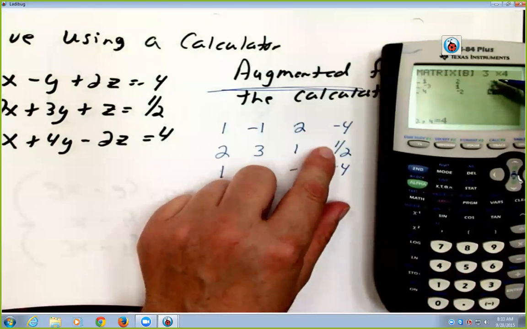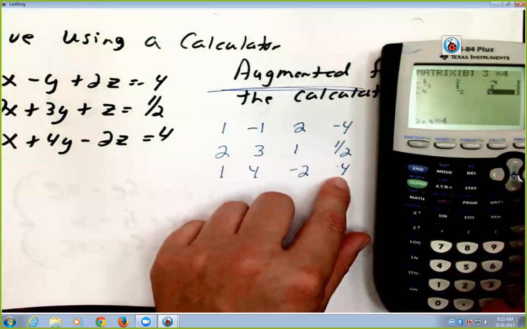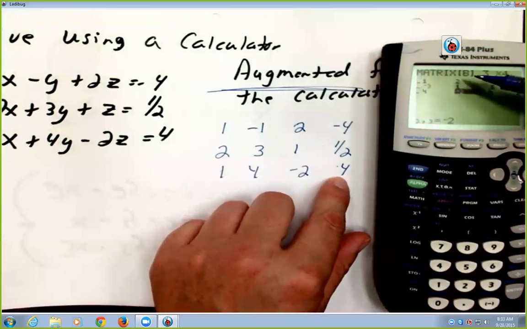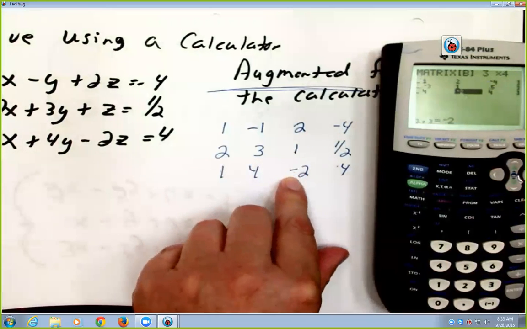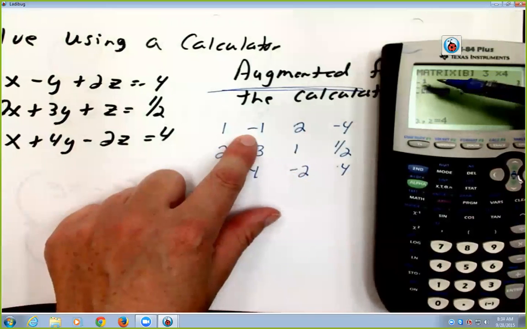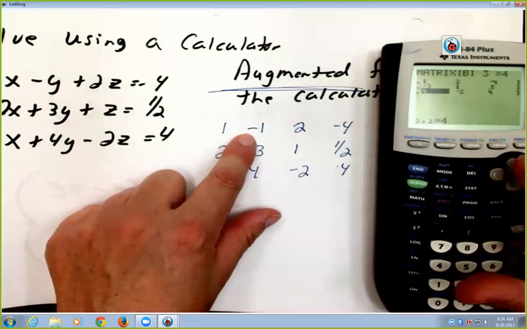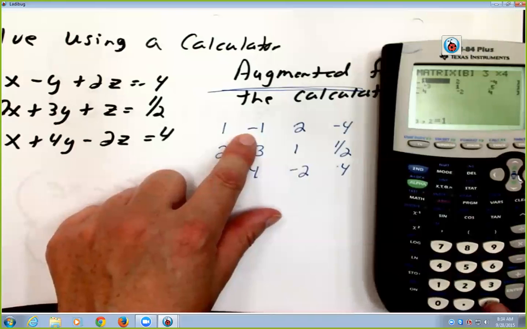I've got a negative 4.5, which is a half, and 4. I'm good there. Next column, I'm a 2, a 1, and a negative 2, so I'm good there. The other column over, I'm at a 1. Oops, I need a negative 1. All you need to do is up arrow to be on top of it, and then enter the correct piece and hit enter, and it will put it in for you, correcting it.